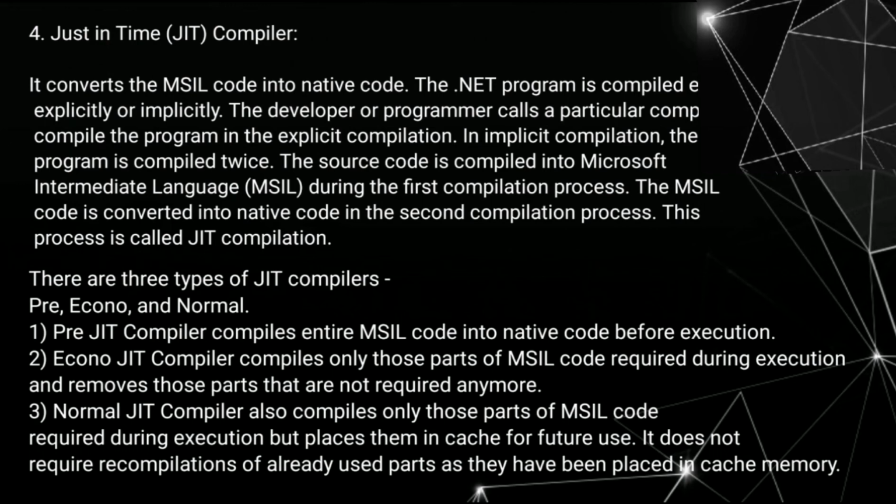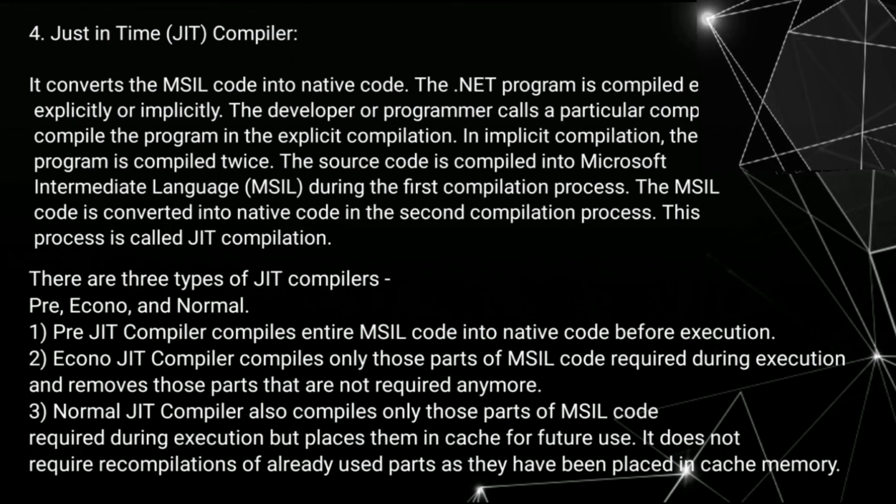In implicit compilation, the program is compiled twice. The source code is compiled into MSIL during the first compilation process. The MSIL code is converted into native code in the second compilation process. This process is called JIT.